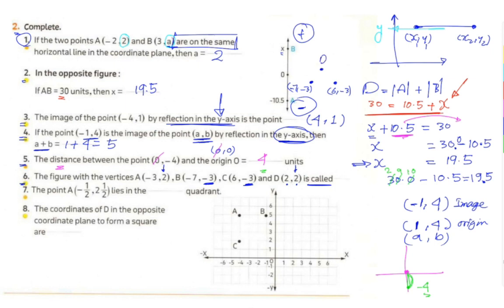That's maybe point D. Okay, and point A, negative 3 and 2, will be here. That's A. You can imagine if you match these points, you will find this shape, and this shape is a trapezium.